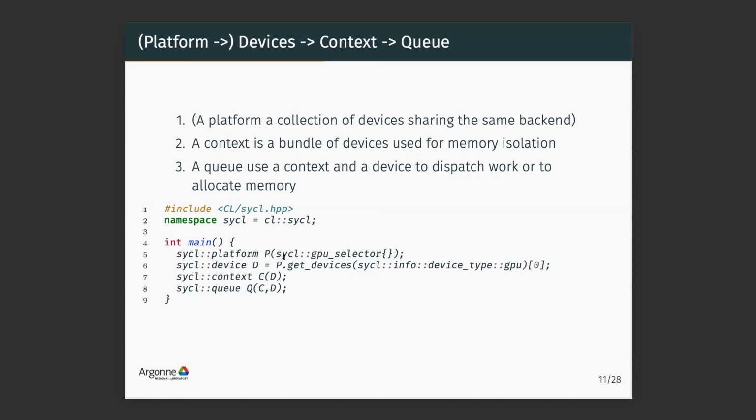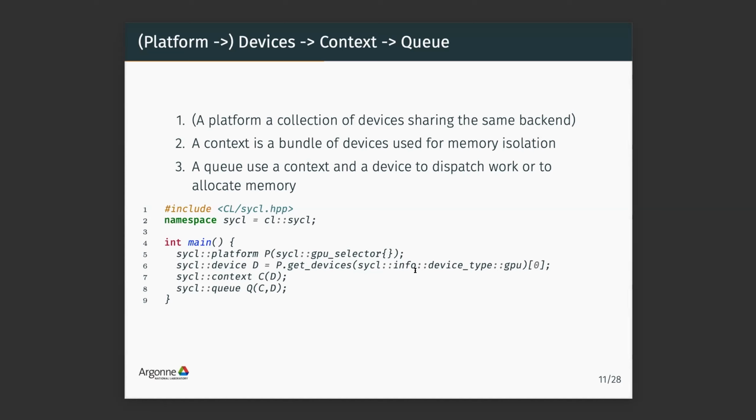If you are running somewhere where you don't have GPUs, it will crash or something like that. After, from this platform, which corresponds to a lot of devices, you can say, please give me all the devices, and here you can specify too, only the GPU devices. This returns a vector of the devices within the platform.